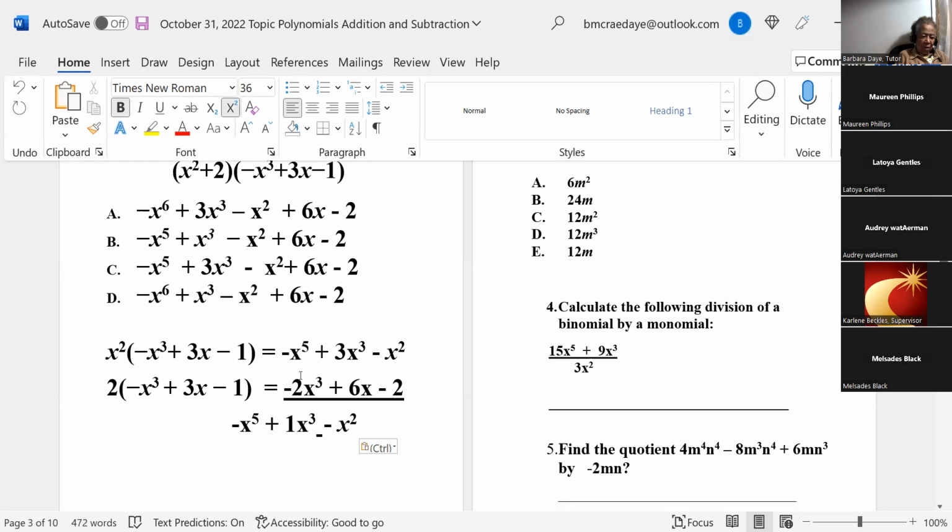You're looking at this expression and this expression. So what has x to the first power? You have the fifth, you have the third, you combine. Now what has x to the first power?